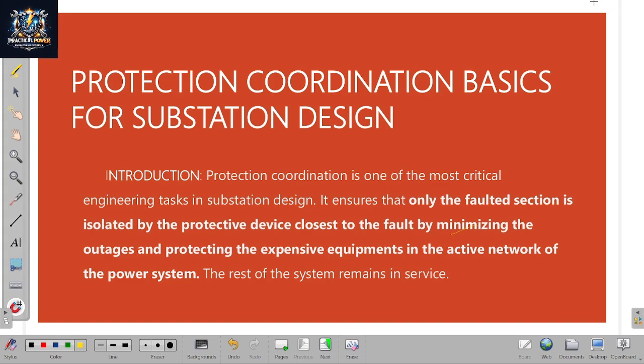It ensures only the faulted section is isolated by the protective device closest to the fault, minimizing the outages and protecting the expensive equipment in the active network of the power system. The rest of the system remains in service.